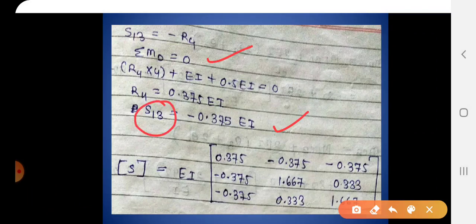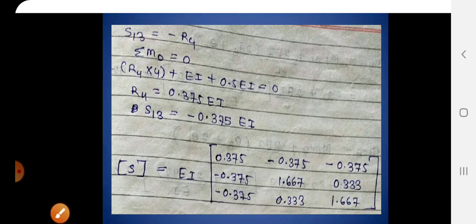S13 is minus R4 because R4 is towards left, and we have considered delta in the right direction. Therefore S13 is minus R4. Okay, so in this way we have derived the stiffness matrix, all the 9 elements of the stiffness matrix.